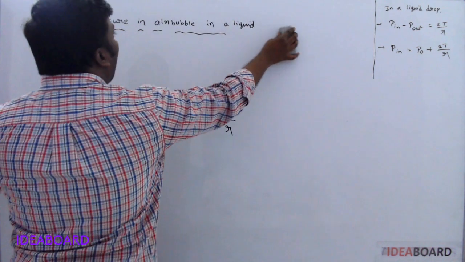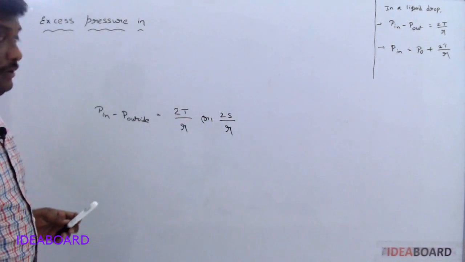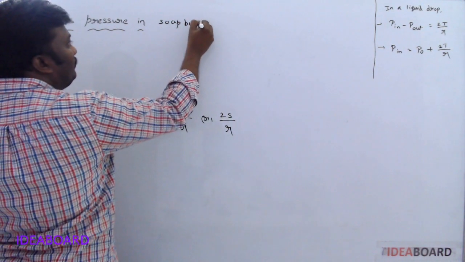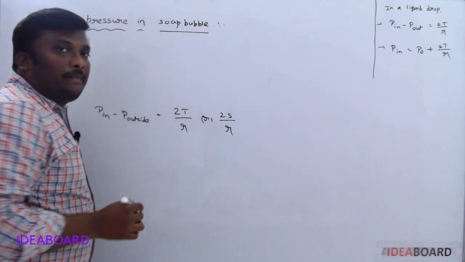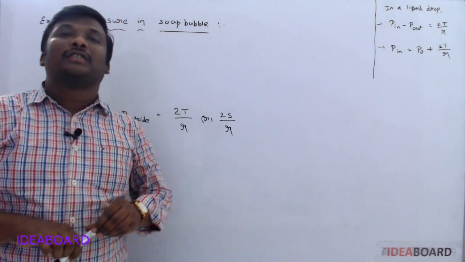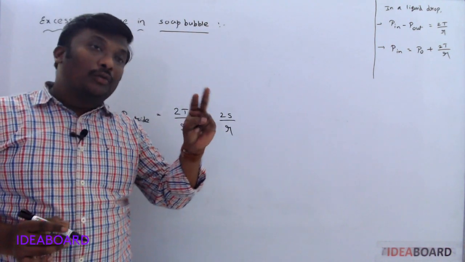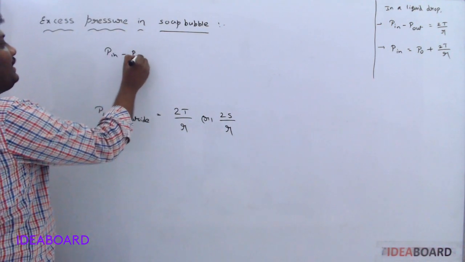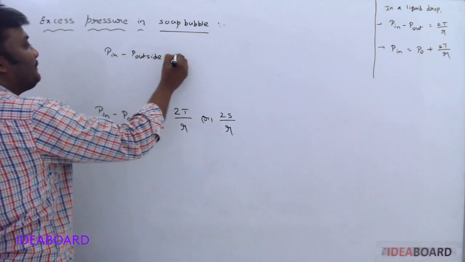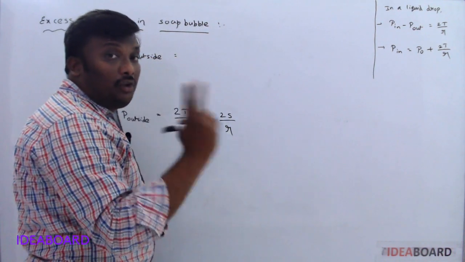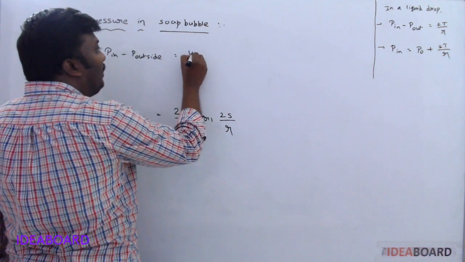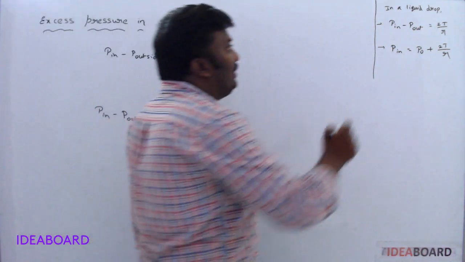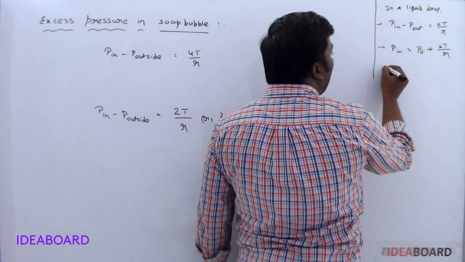If you consider the excess pressure in a soap bubble, yesterday we discussed that a soap bubble has two thin surfaces, so the excess pressure is equal to 4T by R.